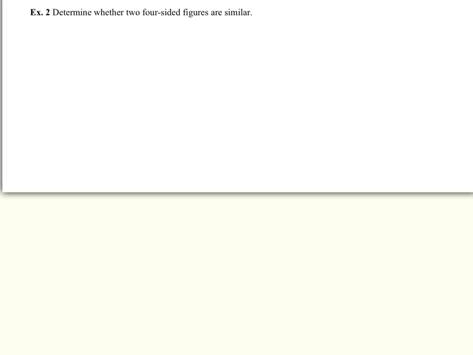Moving on to example 2. Now we get to look at four-sided figures. This is a little bit easier because it's easier to pick out your corresponding parts. I'm going to go ahead and tell you this is a rectangle. Okay, so I know my angles are congruent, so I'm not worried about that.